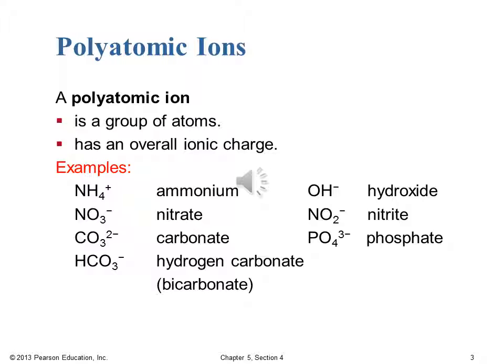You'll still often see that called bicarb or bicarbonate. The hydroxide will become very important as we talk about acids and bases. And then nitrite, phosphate, these are the common ones. Notice we have nitrate and nitrite, and that's going to potentially cause some problems if you're not very careful with your spelling or with your writing, if you confuse nitrate and nitrite.